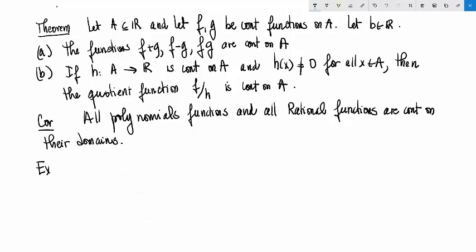Example: let f of x be x squared plus 1 over x to the power 4 minus 1.